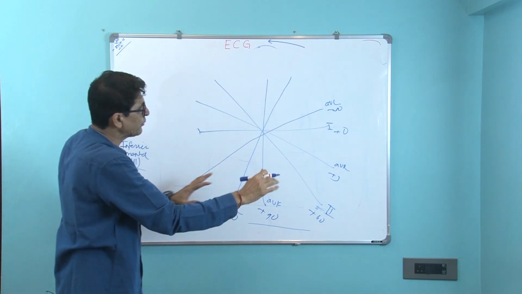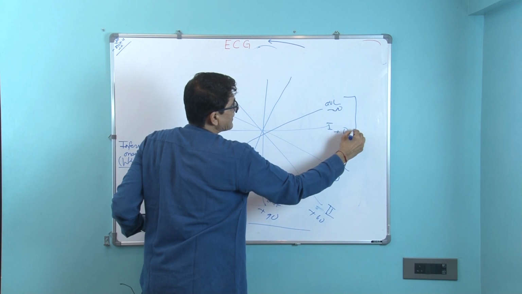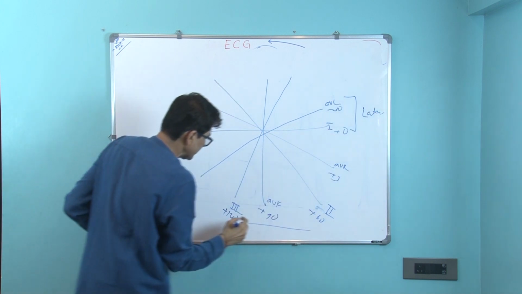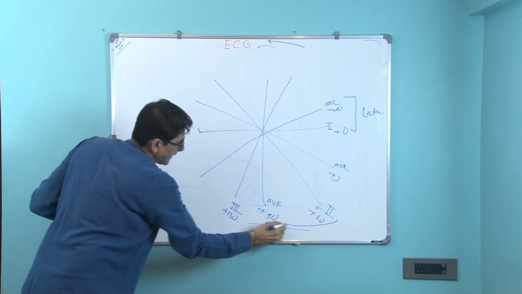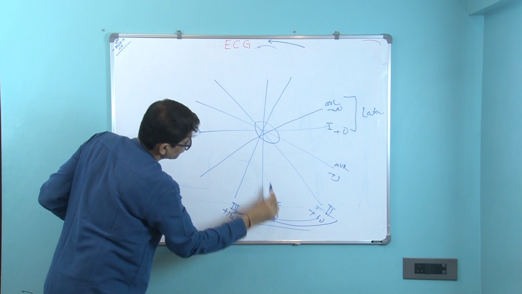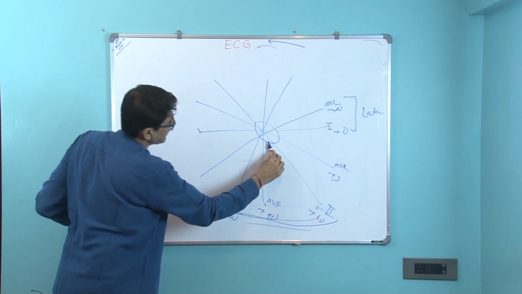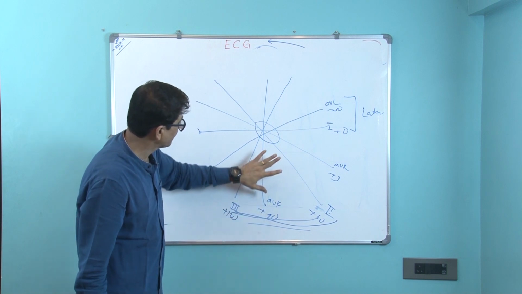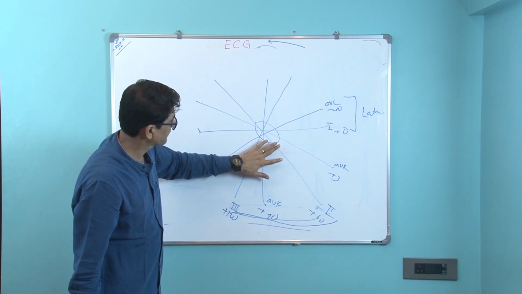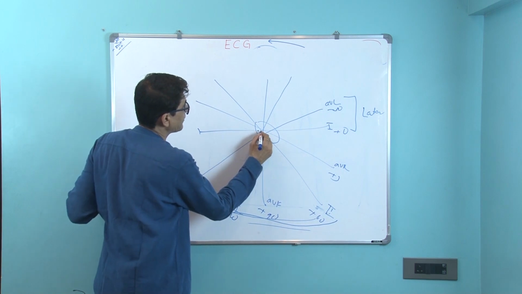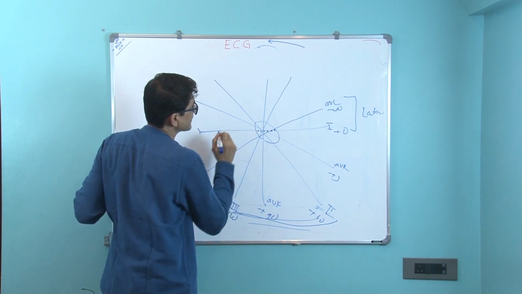So why am I telling you this? See, this is the lateral lead; together 2, 3, AVF have come, and the heart is here somewhere. So it is looking from the inferior side of the heart. So 2, 3, AVF are the inferior portion, and then the chest leads V1, V2, V3, V4, V5, V6.